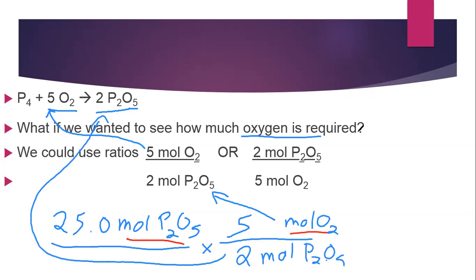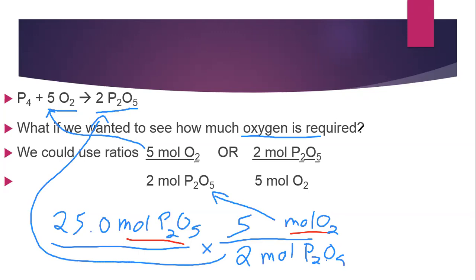When we have the second mole area and we're crossing over this bridge, we look at our ratios in our reaction formula. So we multiply 25 times 5, and then divide by 2. On my calculator, I don't put anything in fractions.